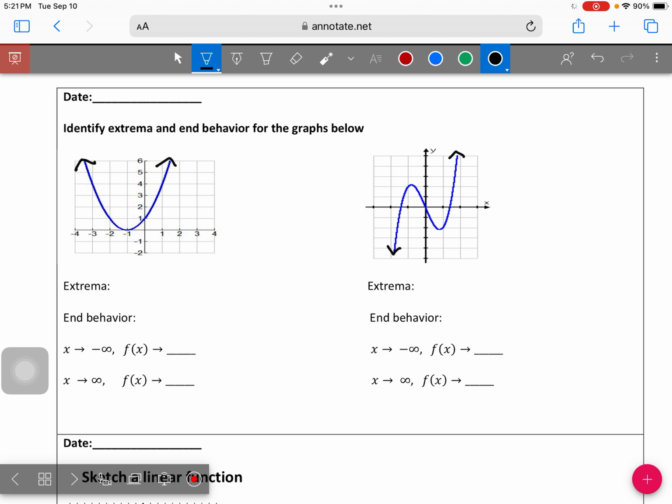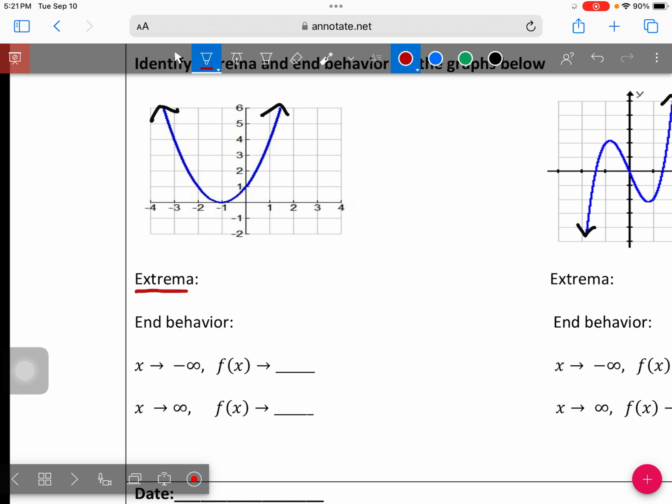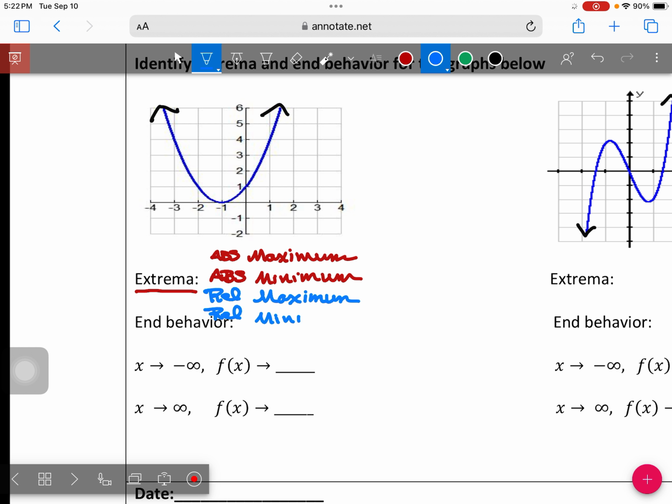Okay, so hopefully you turned this off, and as I am looking at this first graph, extrema. There are 4 different types of extrema. We could have an absolute maximum, an absolute minimum, a relative maximum, and a relative minimum.